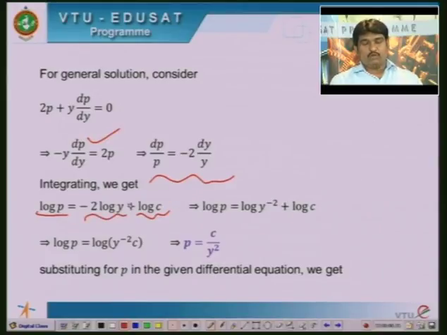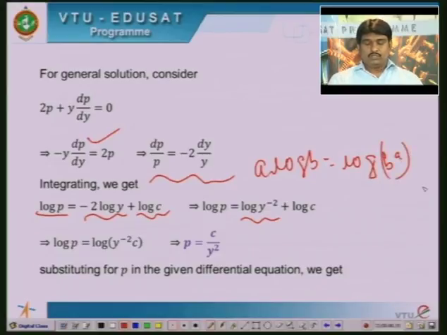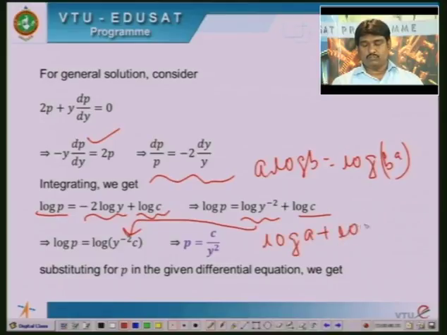Now -2 log y can be written as log of y to the power of -2 using the property of logarithms, a log b = log b^a, plus log c as it is. Next, again use the property of logarithms: log a + log b = log(ab).